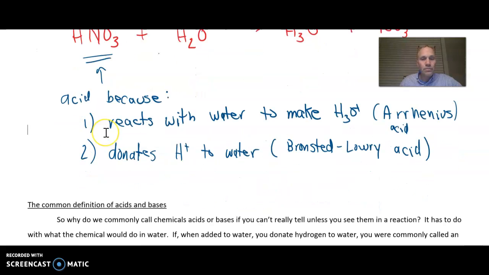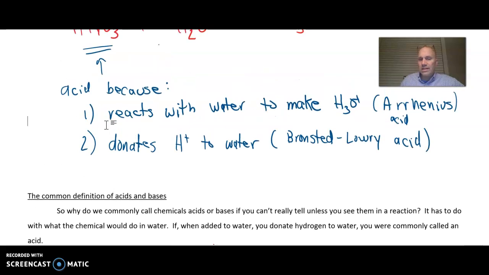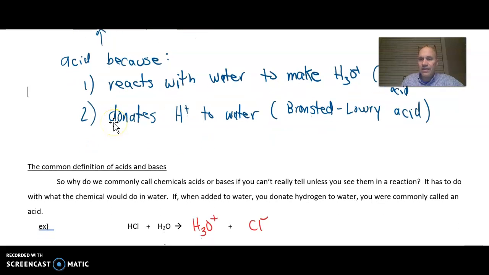All right. So here's the thing: if what we're saying is that to identify something as an acid or a base, we have to actually see the role that it's playing in a specific reaction, well, why do we commonly call certain things acids and other things bases?